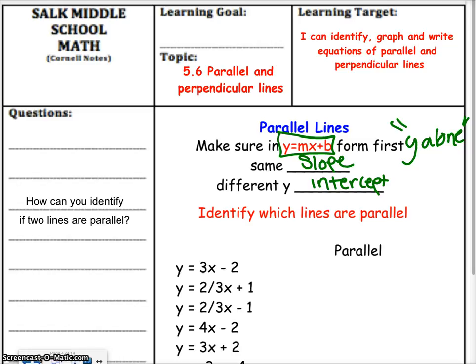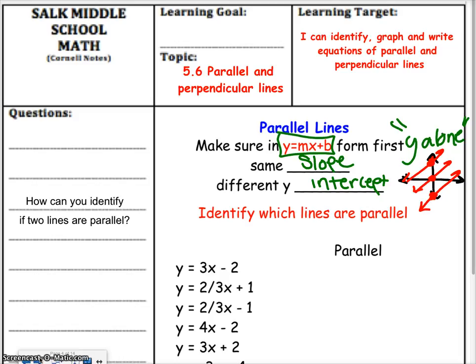Perhaps a visual might be in order. I'm going to try to make some same slopes. Here's a slope. Here's a parallel slope. Another parallel slope. Notice their slopes are the same, but their y-intercepts are all different.